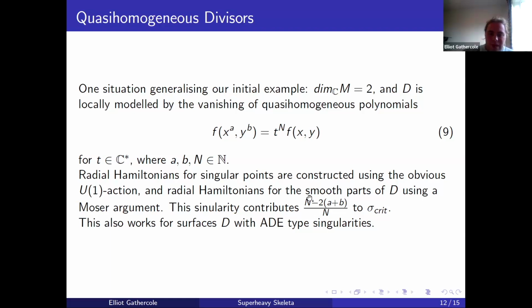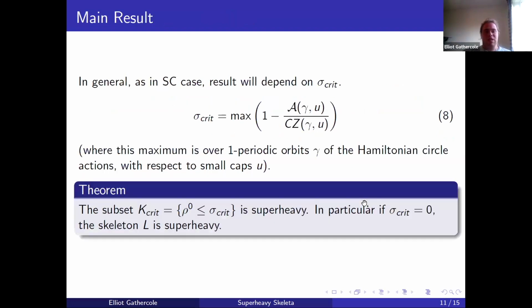There is additional information that depends on local behavior near the singular point. So, for example, if we had a singular point which was modeled on this polynomial, we would get this contribution of n minus 2 times (a plus b over n) to this number, which is going to tell us what subset we can say is super heavy.